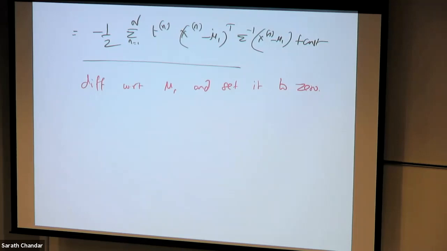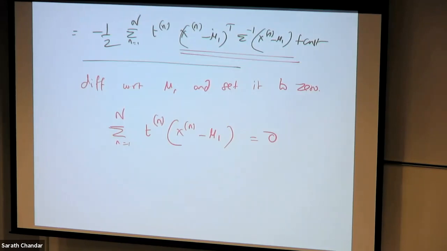So how do I do that? Summation over n equal to 1 to capital N, t of n is a constant. You have a square term here. Sigma will also go away, because when you set the derivative to 0, sigma inverse goes to the other side. So all you have is the square term. When you differentiate the square, you get 2 times the term, so the 2 and 2 cancel. You would just get x of n minus mu1 equal to 0.